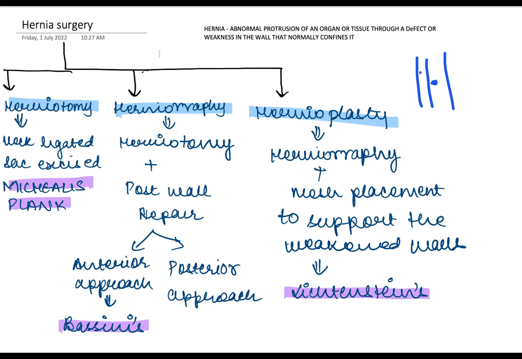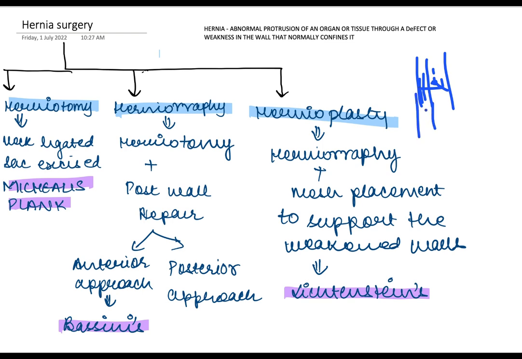Now if the muscles here have a defect, due to surgery or any other cause, the rectus abdominis, transverse abdominis and other muscles have a gap or defect within them, then the intestine can protrude out, and just adjacent to the umbilicus we will have a bulge, which will be the paraumbilical hernia. That is a type of hernia which comes through the abdominal wall. If the intestinal contents come through the umbilicus, it is called an umbilical hernia.